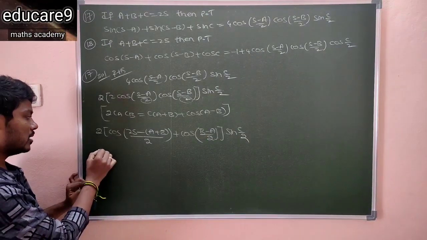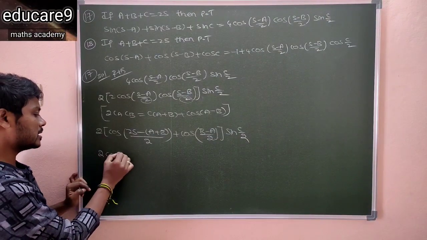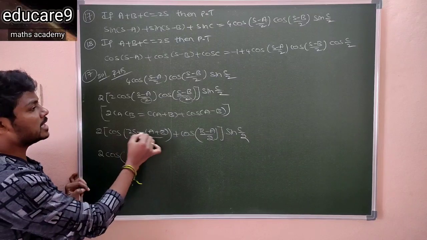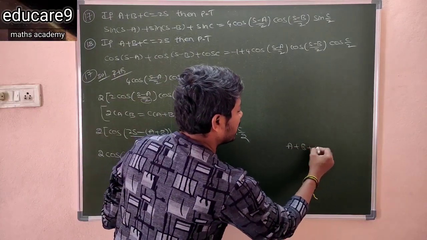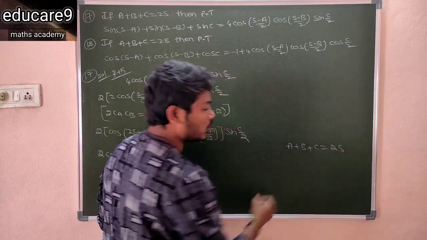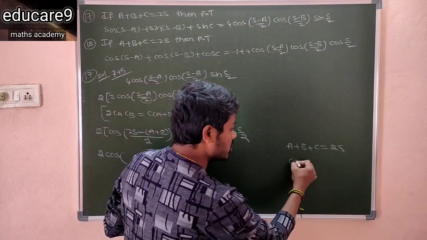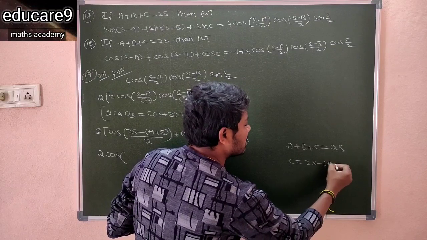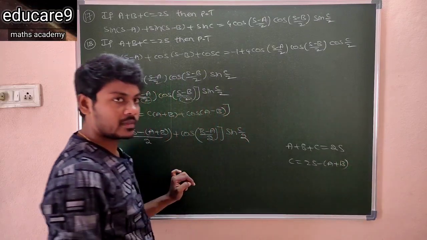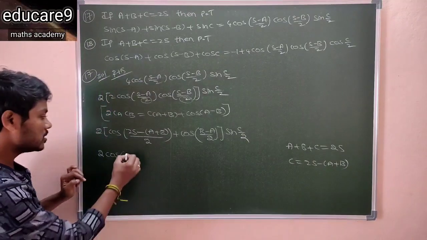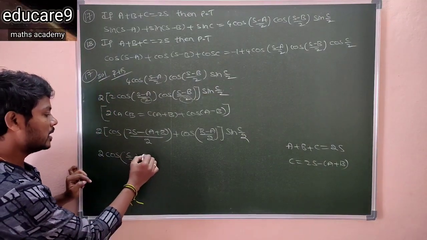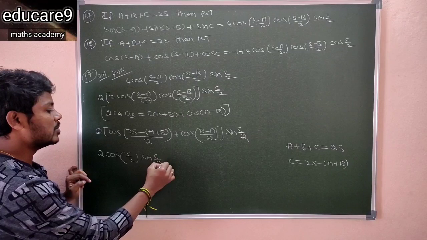So what you get? 2 into cos of 2S minus A plus B. See here, given A plus B plus C is equal to 2S, and C is equal to what? 2S minus of A plus B. So therefore 2S minus A plus B we write as C. So cos C by 2 into sin C by 2.